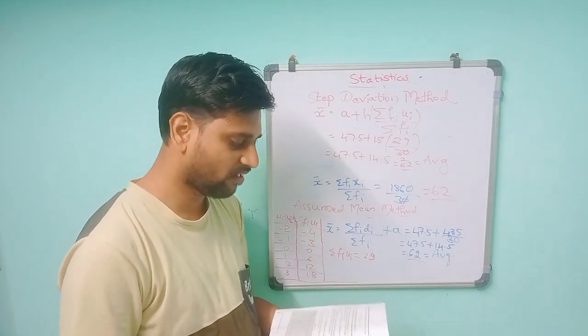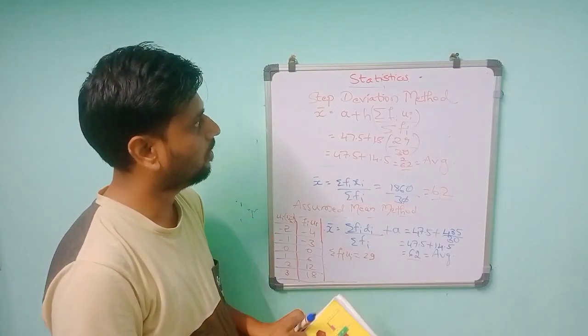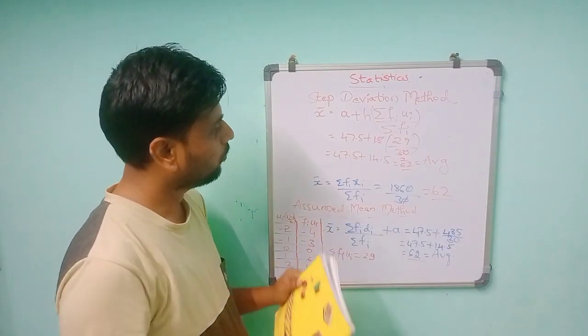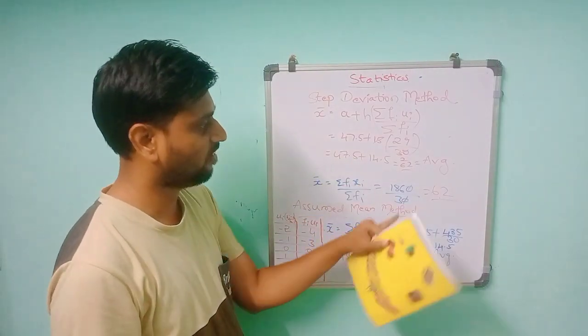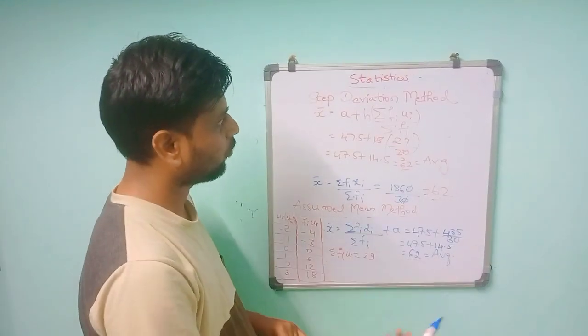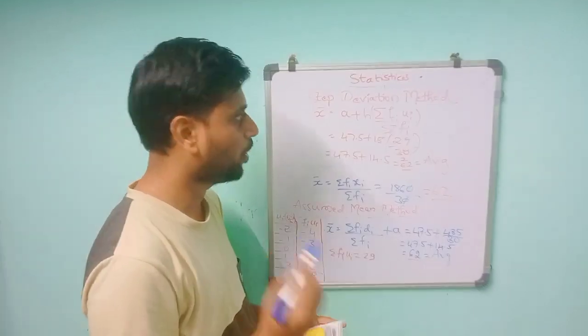So there are three methods. The intelligence we have to use here is that these three ways give the same average, but based on the question we have to analyze the problem and find which method is suitable.